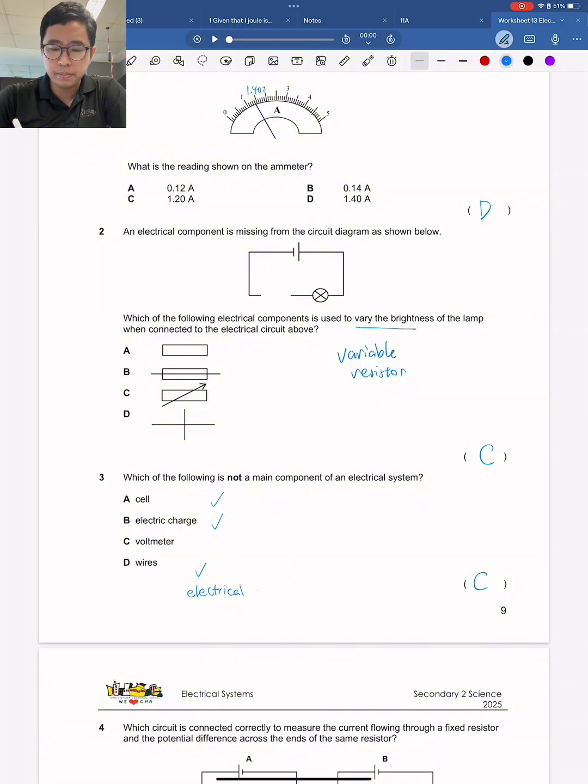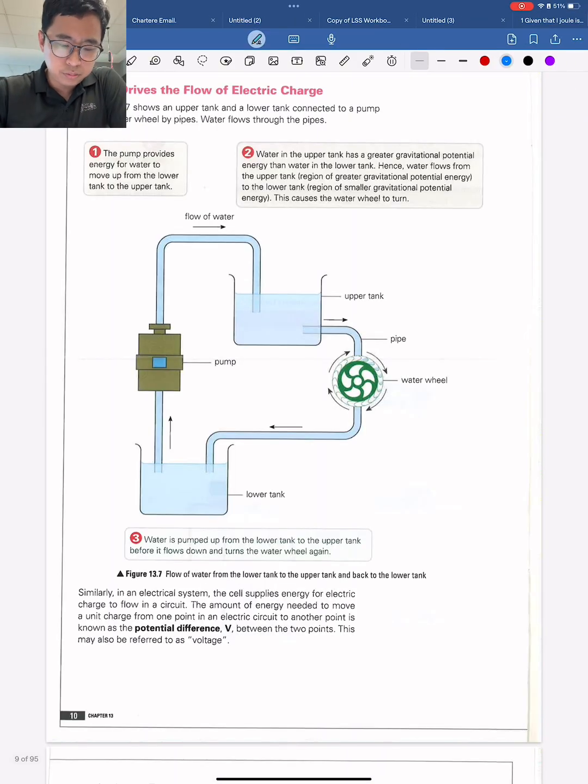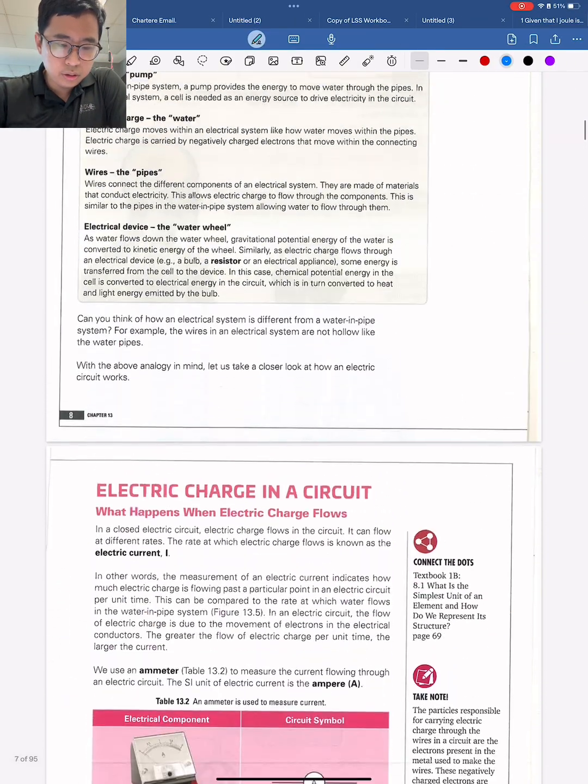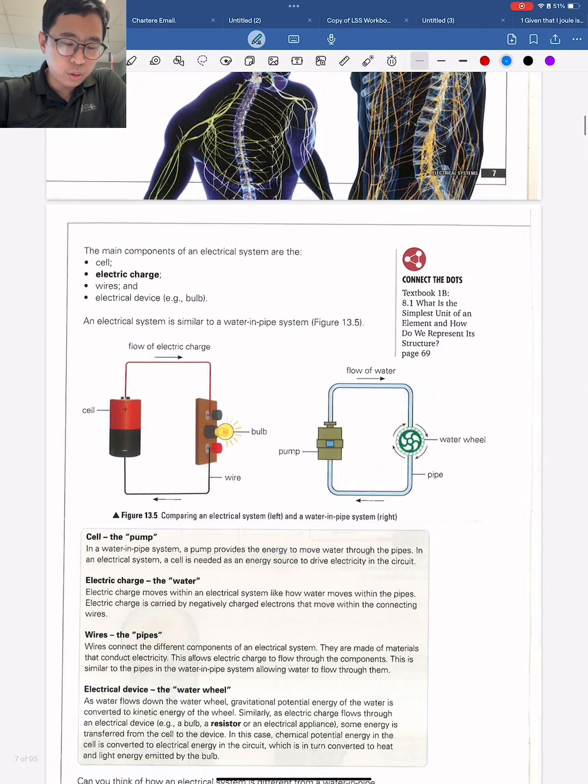Go and refer to your textbook for the exact definition. I think it's electrical appliance. Let me look at it quickly. It is electrical device, that's what they call it.